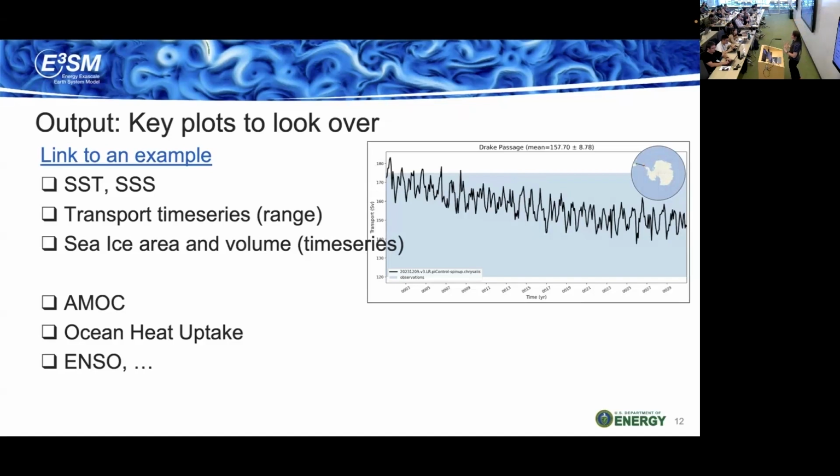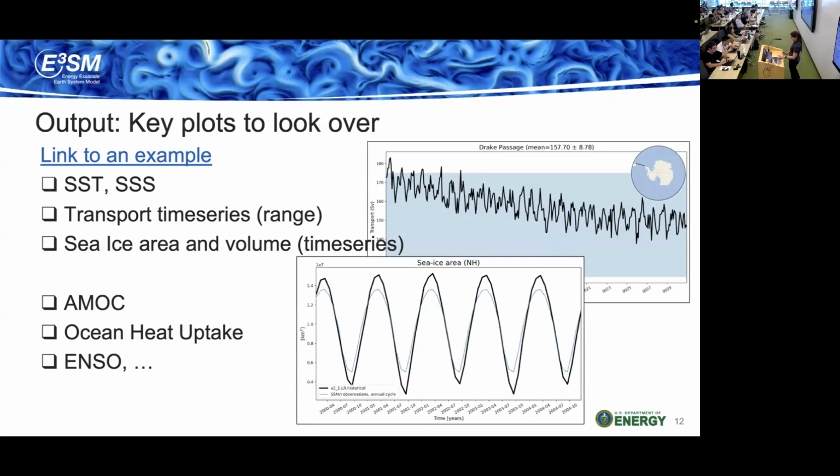And those transports are nice because you have the transport calculated time series in black, and then you have the observational range. And again, what we're looking for is, is this of concern? There are some where we don't have as many observations. There are some where we know the model kind of struggles to have as high a transport as observed. But these are usually just a good sanity check to have.